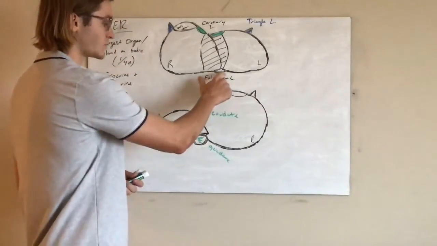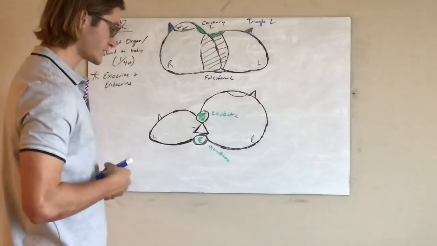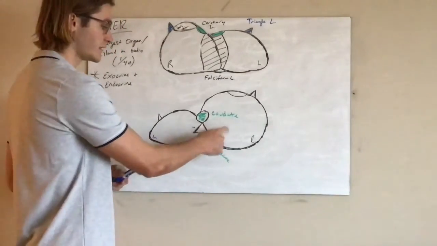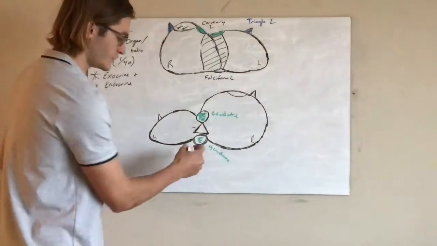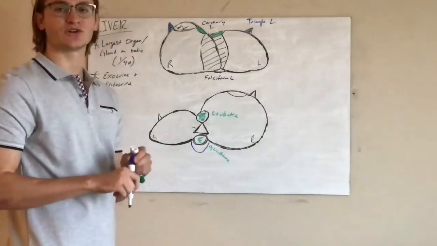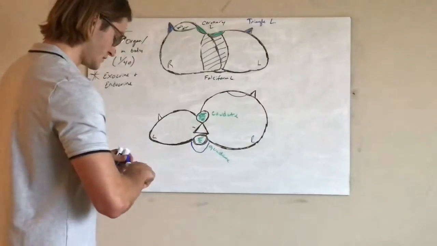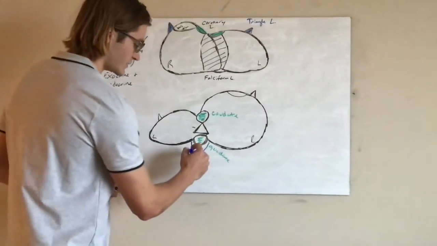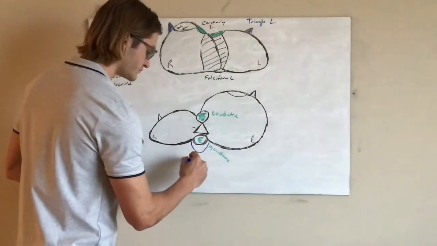This is not the quadrate lobe, but I'm going to draw an extra little portion here. So you have a caudate lobe and quadrate lobe. You're going to have a ligament in here, and this ligament is going to be called the round ligament.